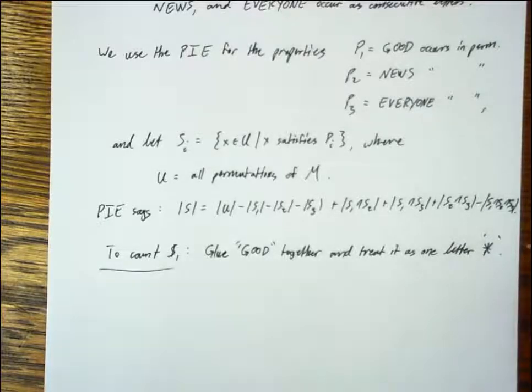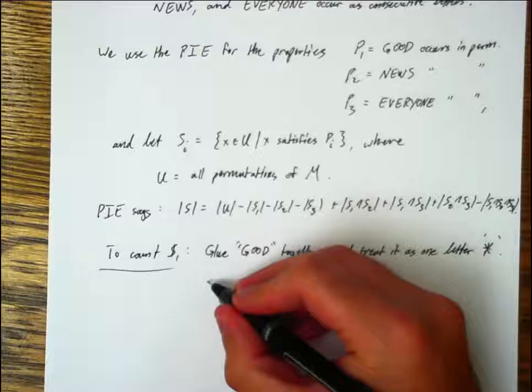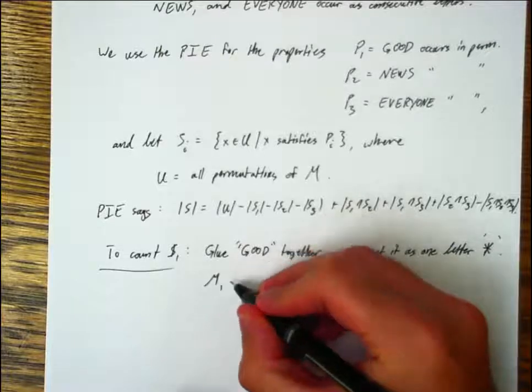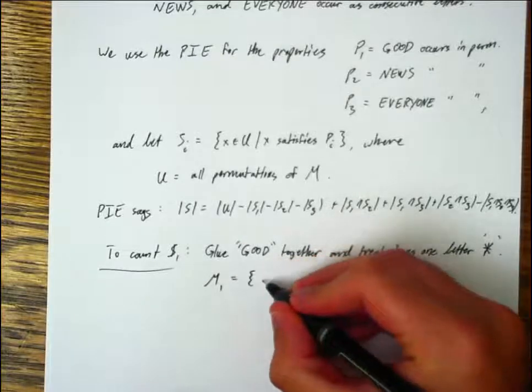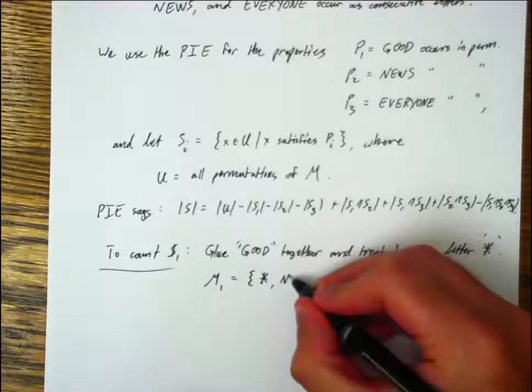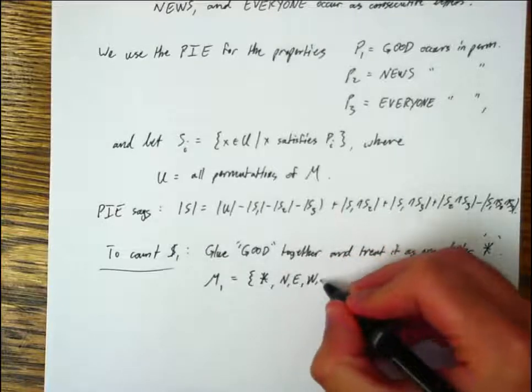Okay? So that then leaves me this. I now have a new multiset, and I'll call it M sub 1, which is now going to be star and then news everyone.